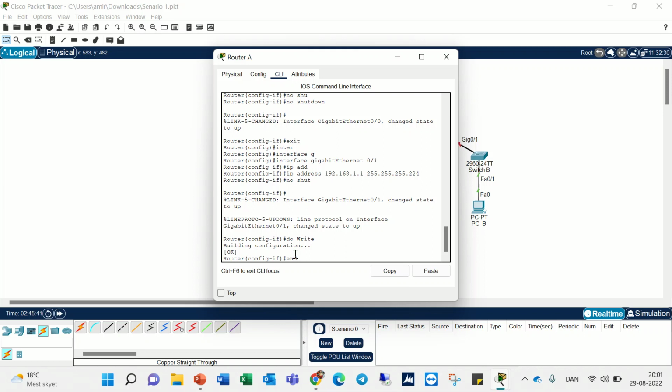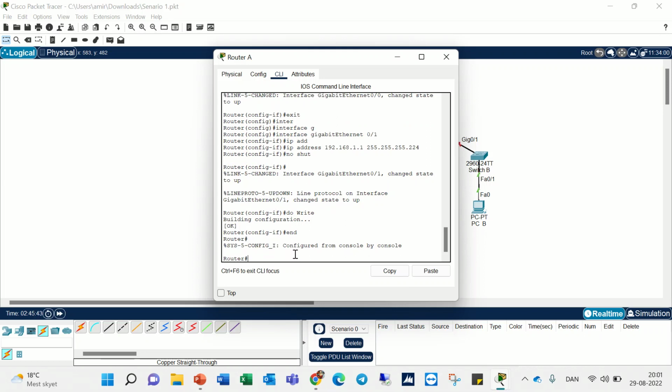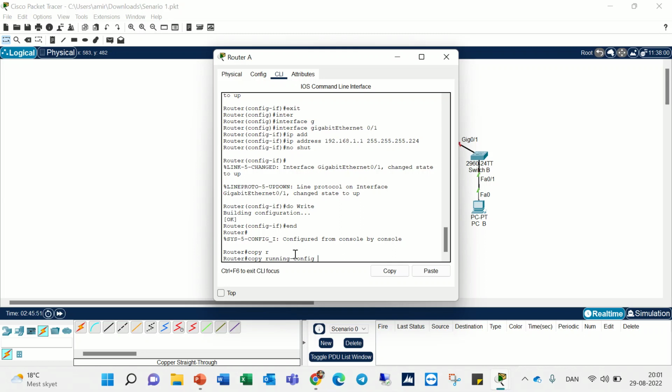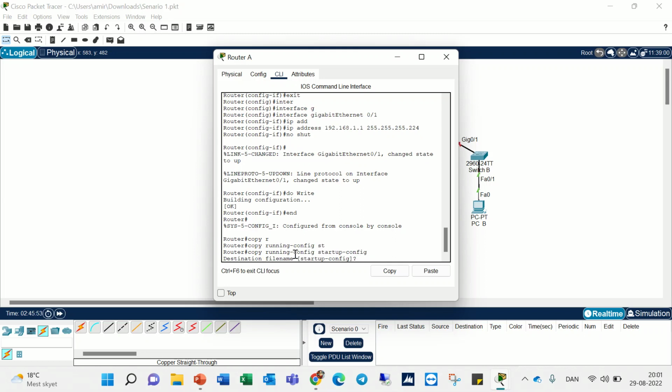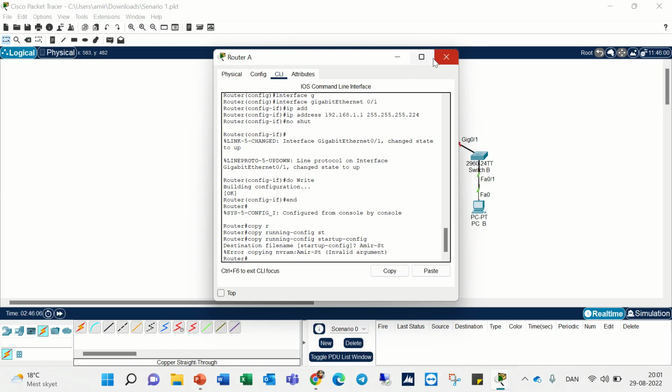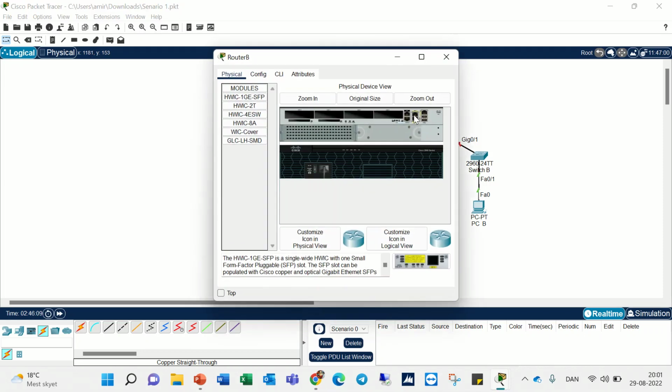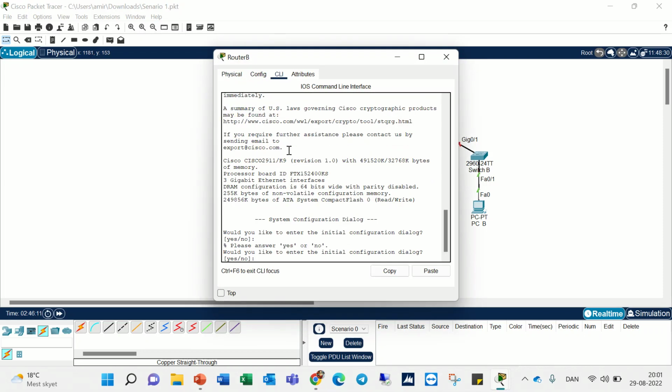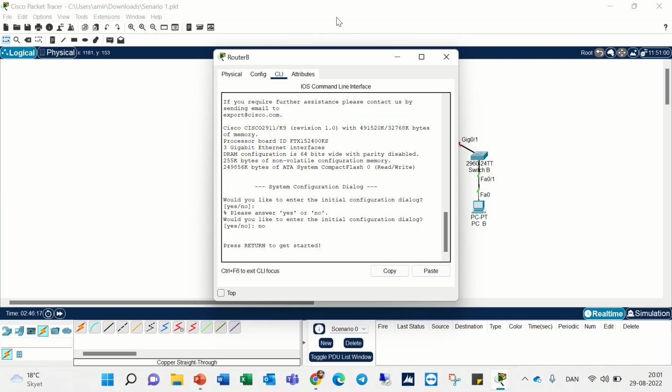Click on end and come back to exit mode, and right here copy running-config to startup-config. It's the same process, and the name should be startup-config, for example Amir's startup-config. This is only an example. Okay, you can go to the other side here, and right now I don't need to enter initial configuration because I will do that.